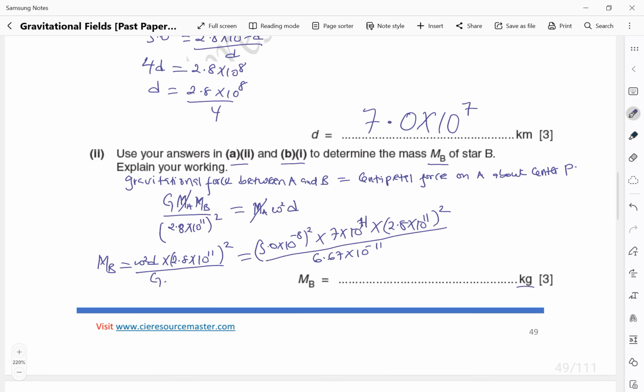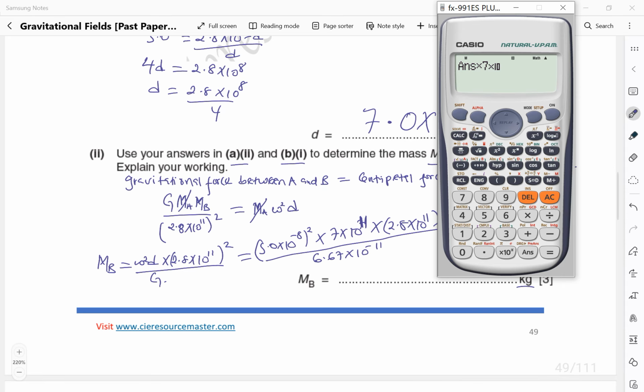It becomes 11. Yeah, those errors are always going to be there in an exam. So that is exponent 11 to change it to meters, times 2.8 exponent 11 to change it also to meters, divided by 6.67 exponent minus 11.